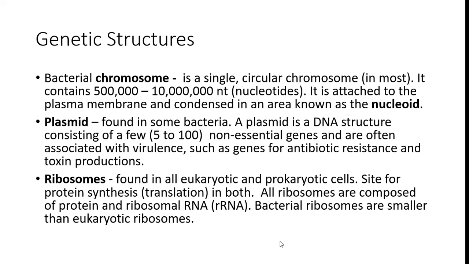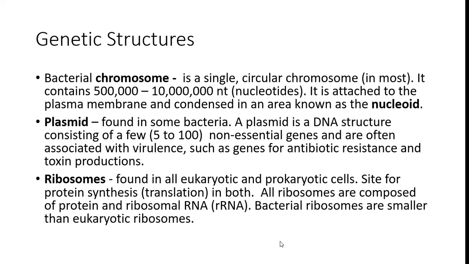For instance, it's going to have something that allows the bacteria to be resistant to an antibiotic, or it's going to allow a bacteria to produce a particular toxin. And so the plasmids are going to be important genetic features, but again, they're not found in all bacteria.